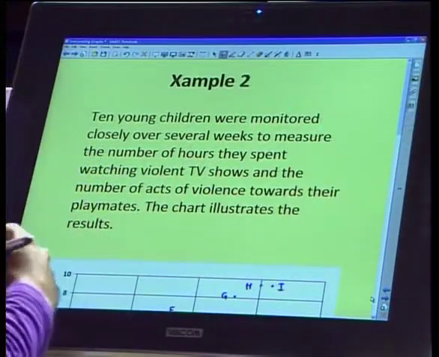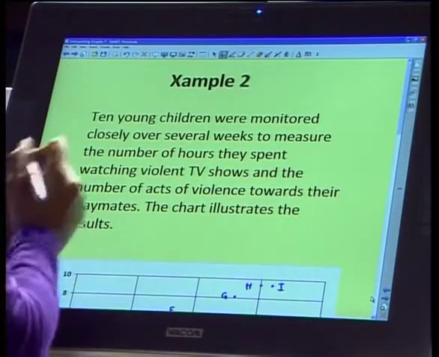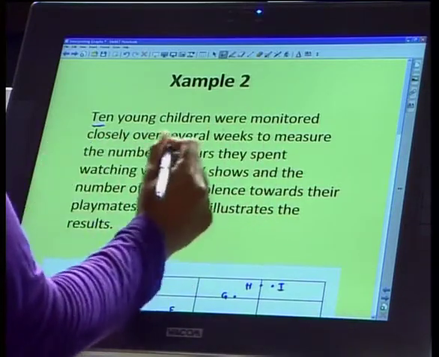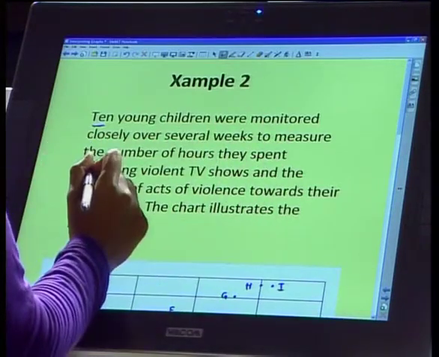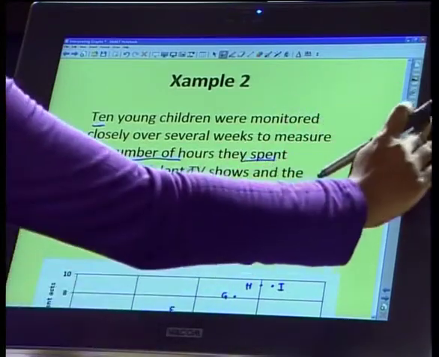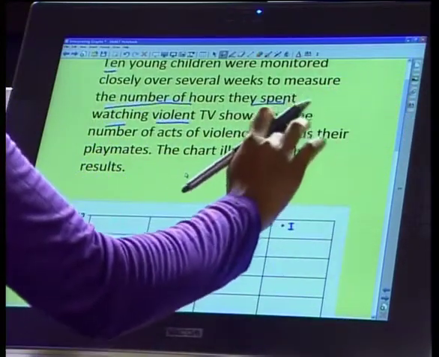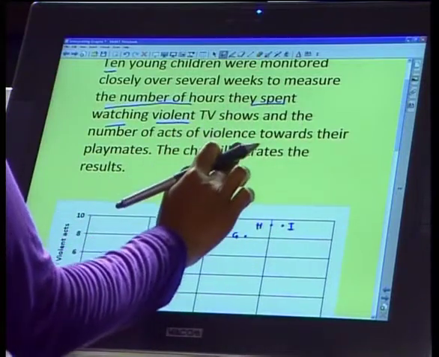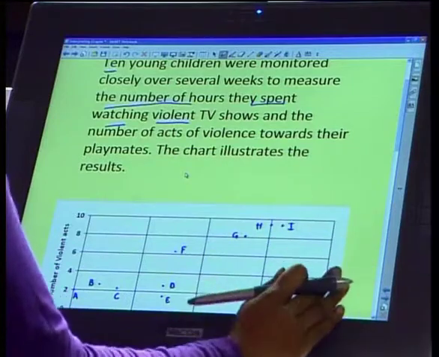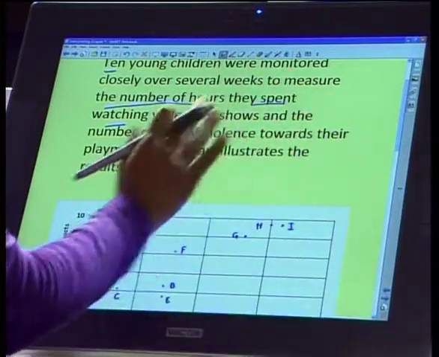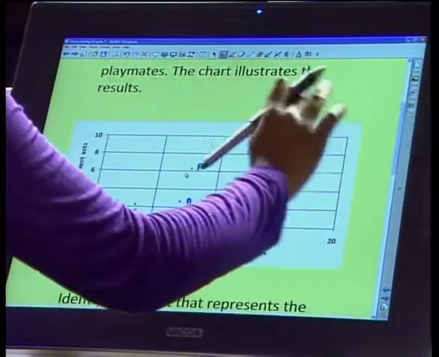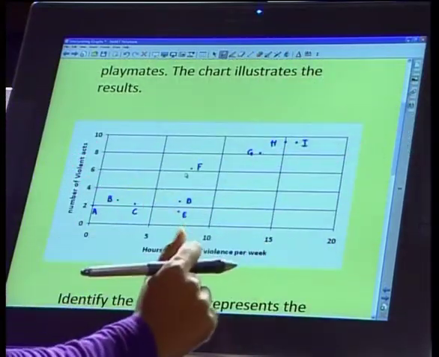We are told in example 2 that 10 young children were monitored over several weeks to measure the number of hours they spend watching violent TV shows. And then we looked at the number of acts of violence towards their playmates. So in other words, if they watched a violent show on TV, were they then violent towards the people they were playing with? We are told that the charts will illustrate the results.